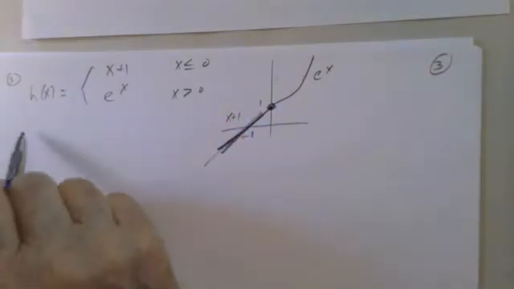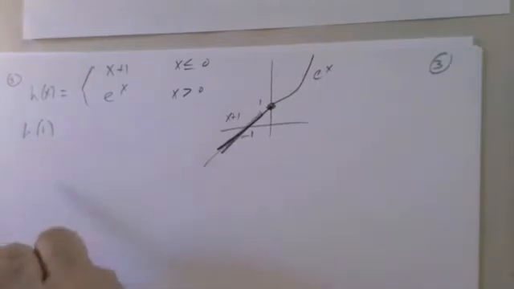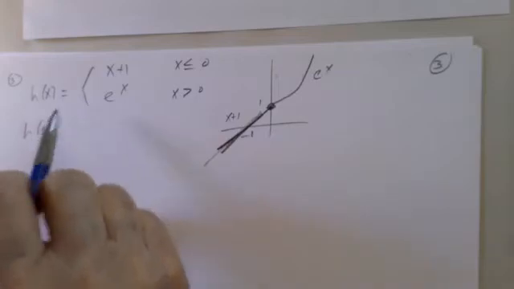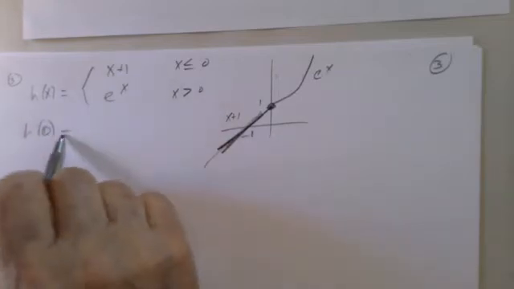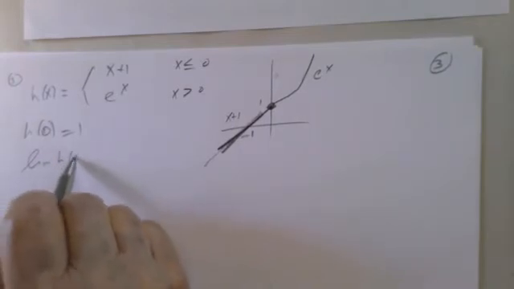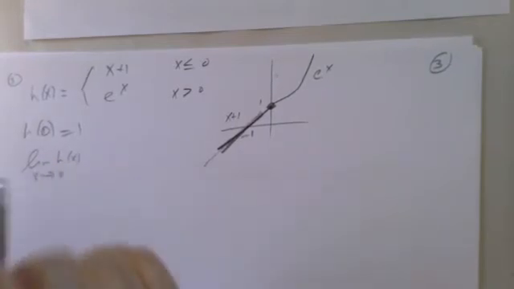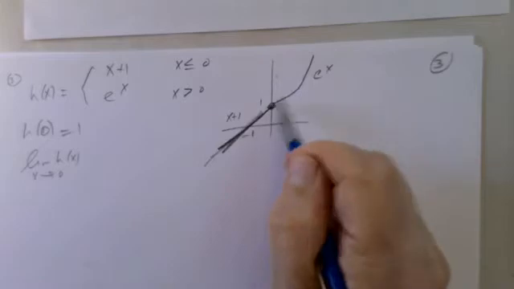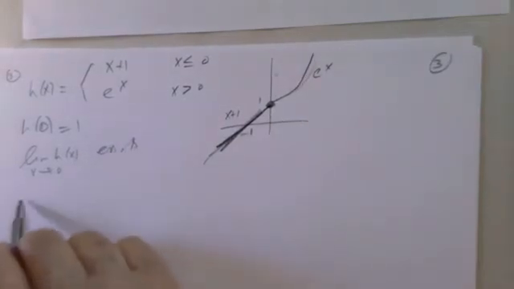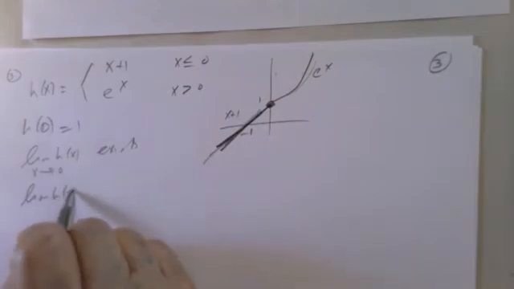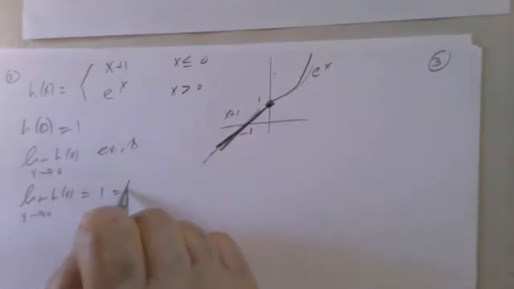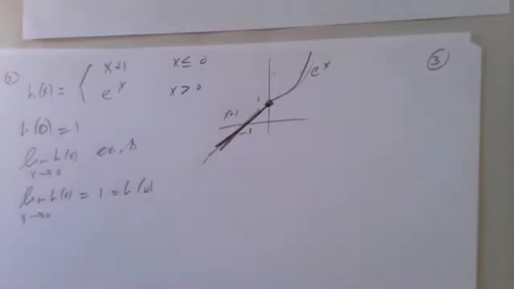Now, h of 0 is 1. The limit of the function h of x as x approaches 0, whether you come from the left or from the right, exists. And the limit of h of x as x approaches 0 is 1, which is the value of the function at 0.